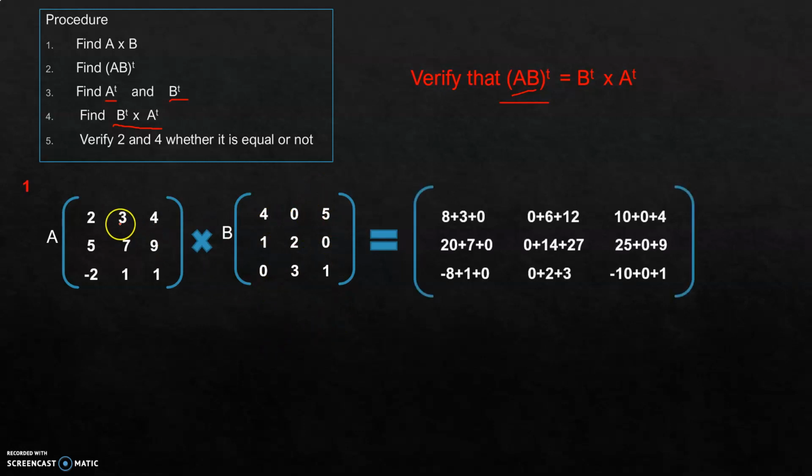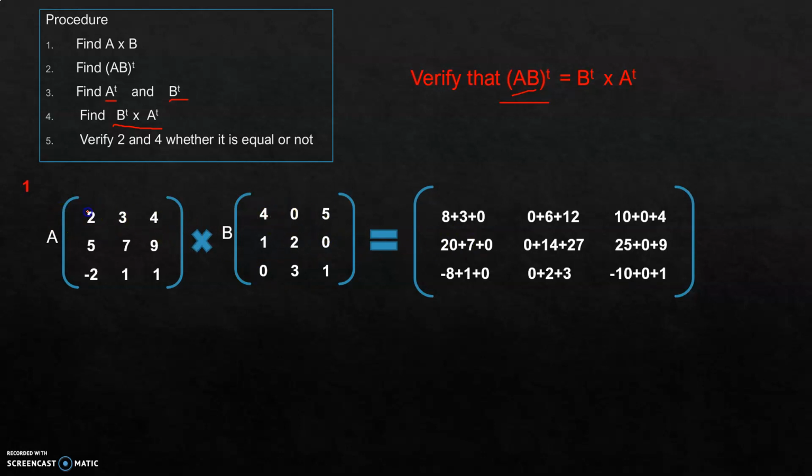So let's see the answer. The first row is 2, 3, 4. We need to multiply it with the first column of B. We already discussed it in detail in the previous video, so if you have any doubts, check the previous videos.